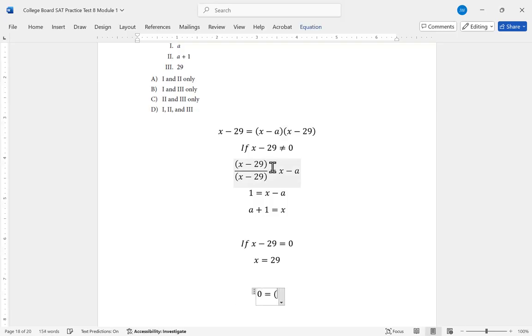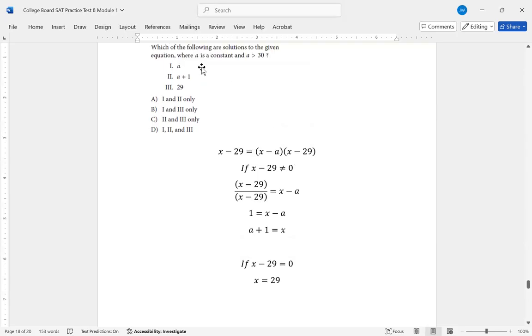And then we get x minus a times another 29 minus 29, or 0, on the right-hand side. So we get 0 equals 0, which means that x equals 29 is a solution. So my two solutions are a plus 1 and 29. There's no other solutions because there's no other options for x. x minus 29 could be 0, or it could be not equal to 0.